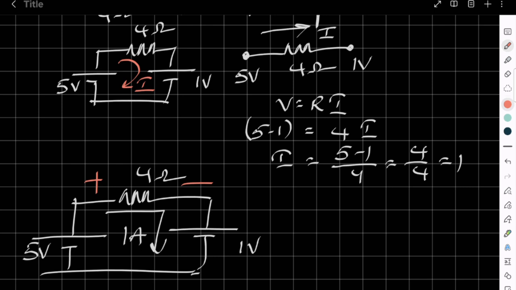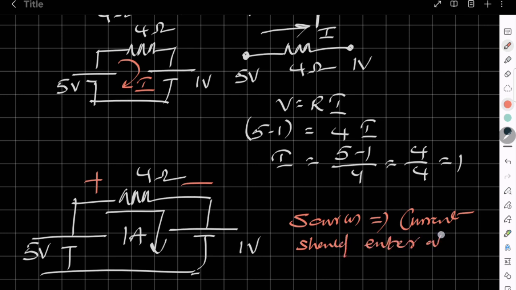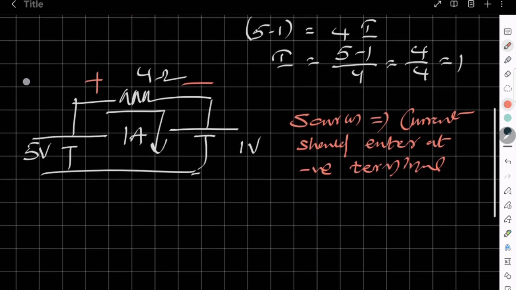Okay, then for the sources, current should enter the negative terminal.